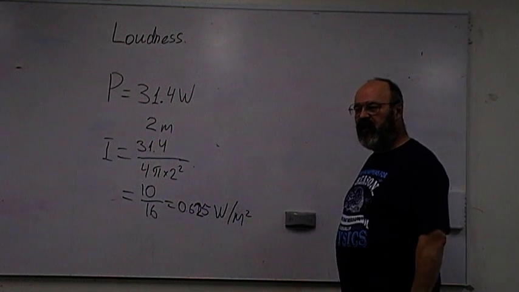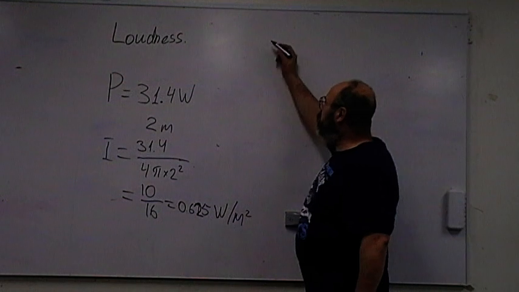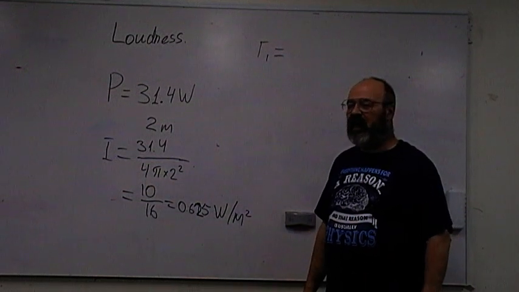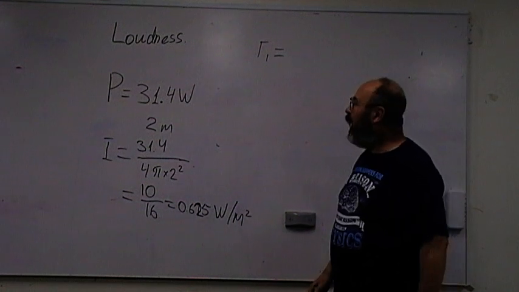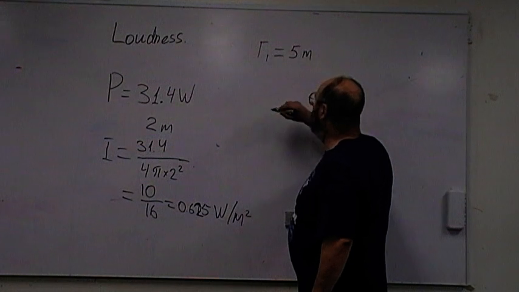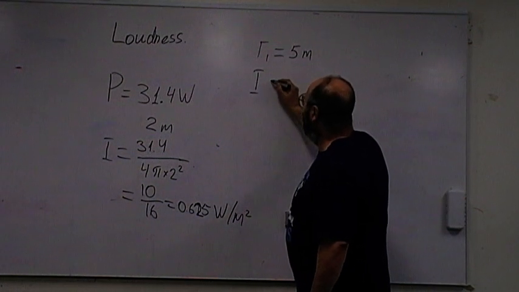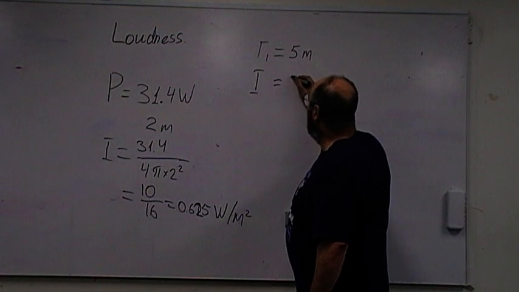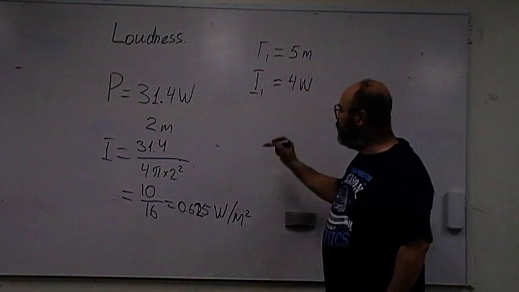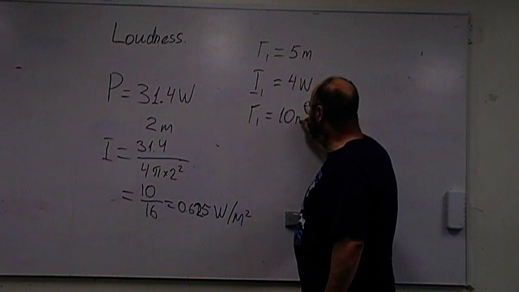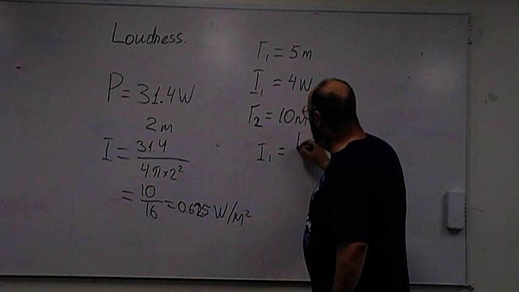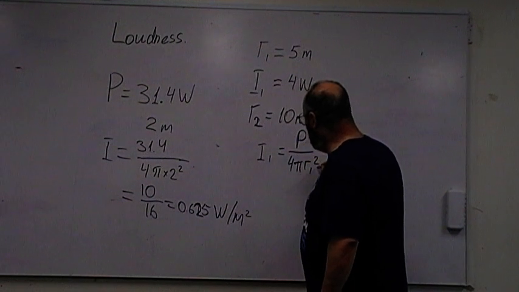Now, if you know the sound intensity at a distance R1, so we don't know the power of the sound source, but you know the intensity at a distance of, let's say, 5 meters is 4 watts per meter squared. The question is, what will be the sound intensity at a distance of 10 meters?